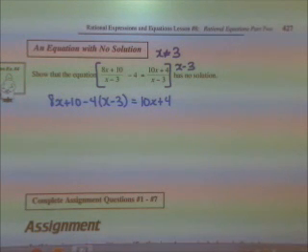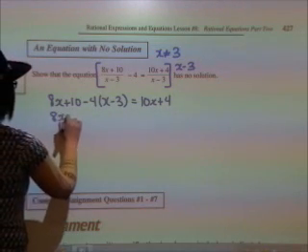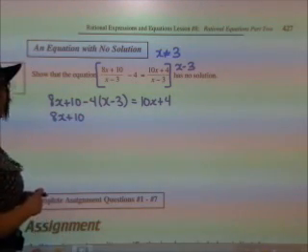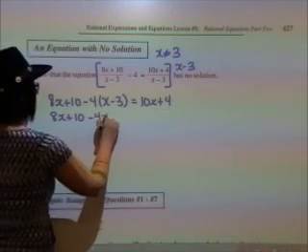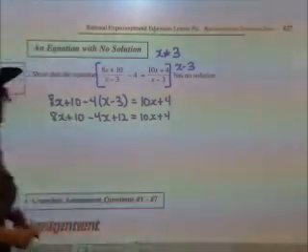What would I do next? Expand out the 4 times x minus 3. Okay, and when I expand that out, what do I get? Negative 4x plus 1. Okay, now what?